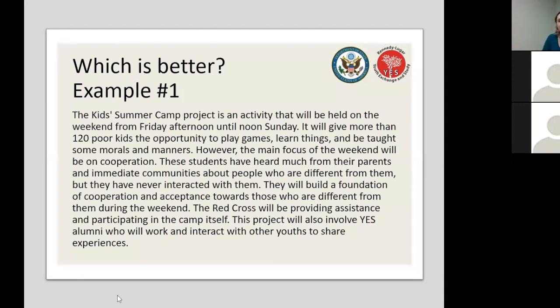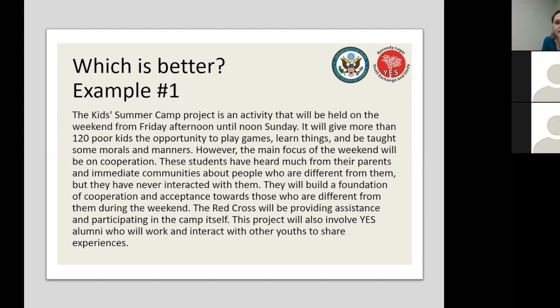So the Kids Summer Camp Project is an activity that will be held on the weekend from Friday afternoon until noon Sunday. It will give more than 120 poor kids the opportunity to play games, learn things, and be taught some morals and manners. However, the main focus of the weekend will be on cooperation.